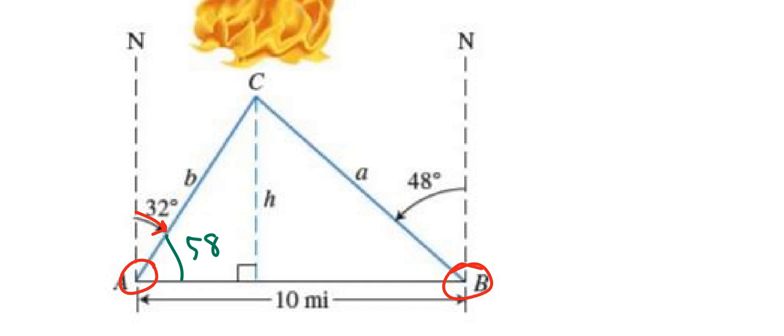Okay. So what about the angle down here in this corner? 42. What about the angle at the top? Let's see, that's 90, that's 100. Yeah, that's 80.